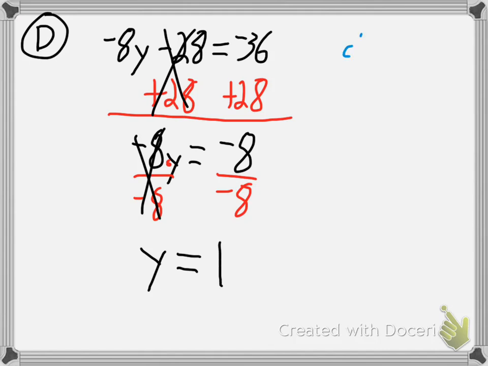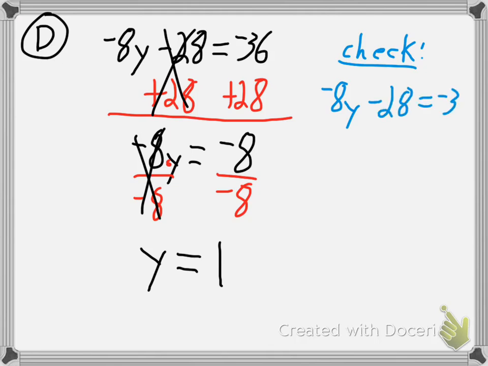I should go back through and check. So negative 8y minus 28 equals negative 36. I think y is 1, so that's what I'm going to plug it in as. Negative 8 times 1 minus 28 equals negative 36. Negative 8 times 1 is negative 8.